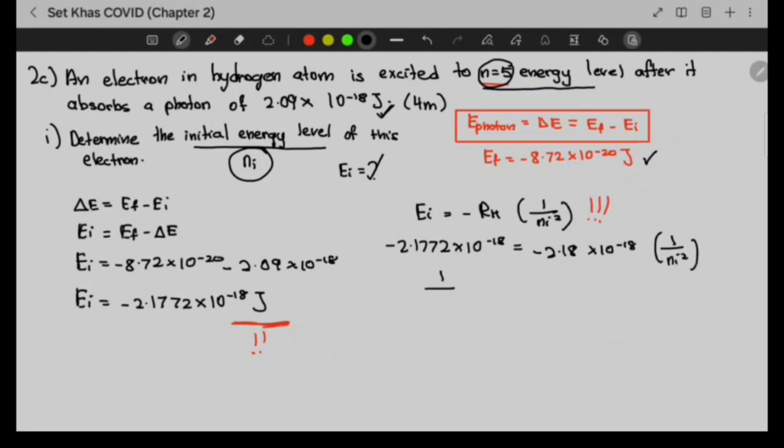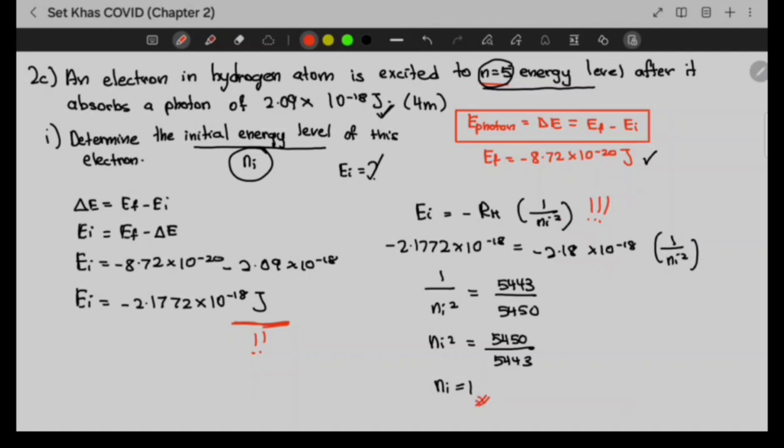So 1 over Ni square is 5443 over 5450. Ni square equals 5450 over 5443. So the initial energy level will be 1. This is the final answer.